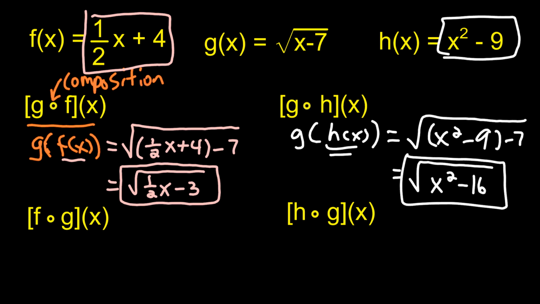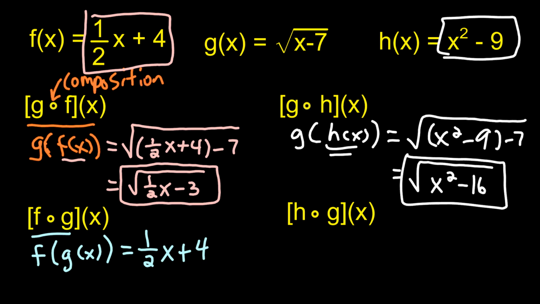All right, let's look at f of g of x. We'll do that one in light blue. That one looks good. So this one, the fog, means f of g of x. So this means I'm going to start with my f function, which is 1/2 x plus 4.